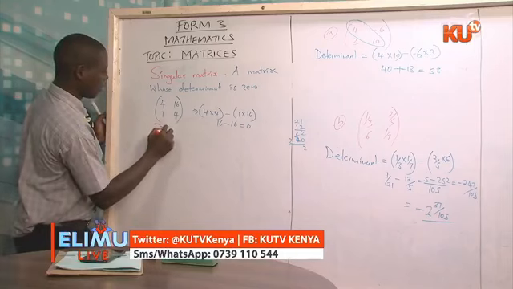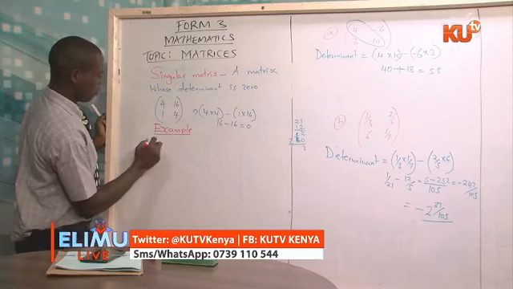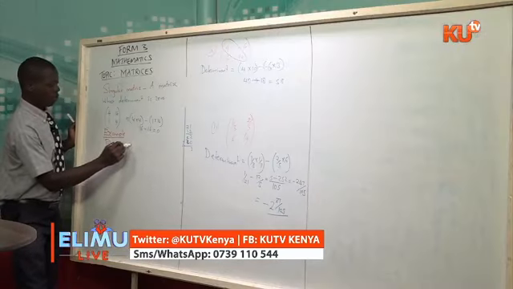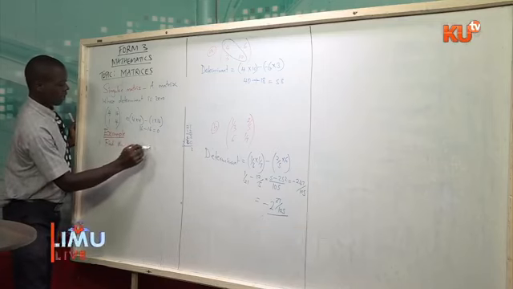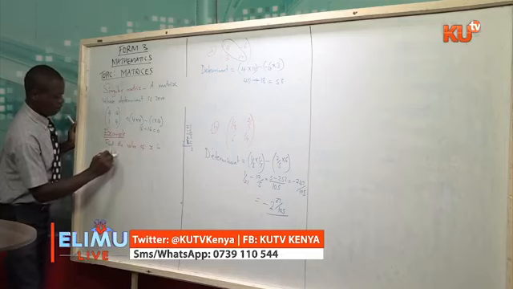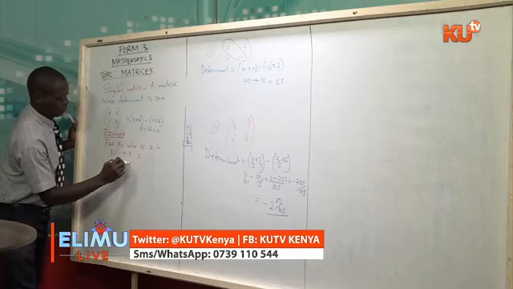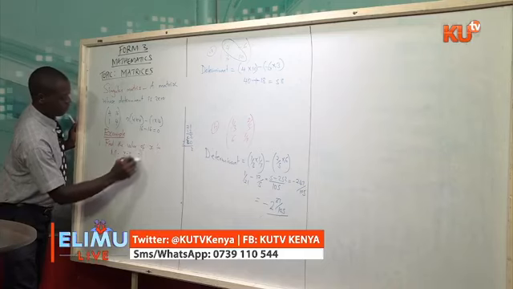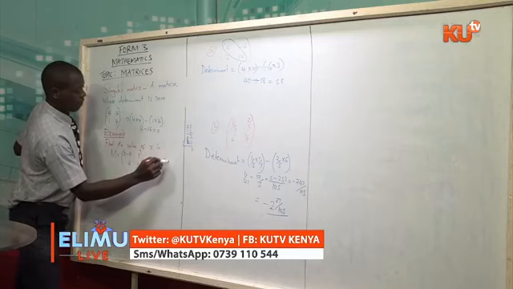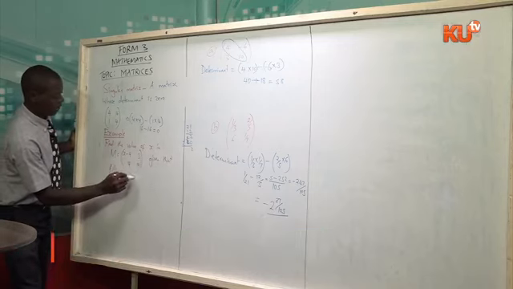An example to this effect. Number 1, you're told, find the value of x in M equal to (x minus 4, 3; 4, 10), given that M is a singular matrix.